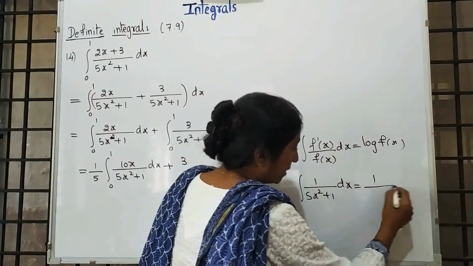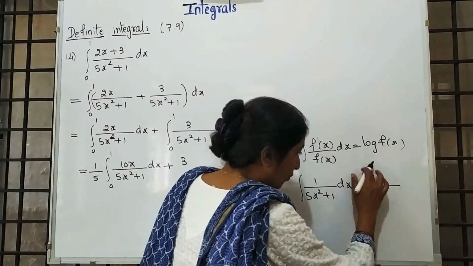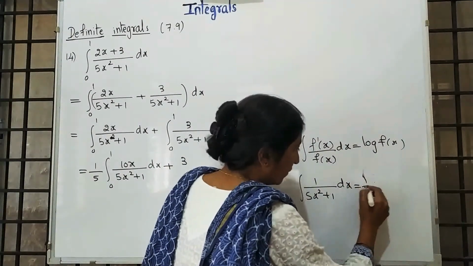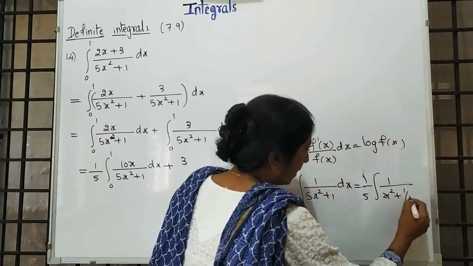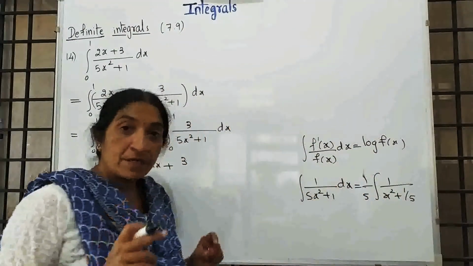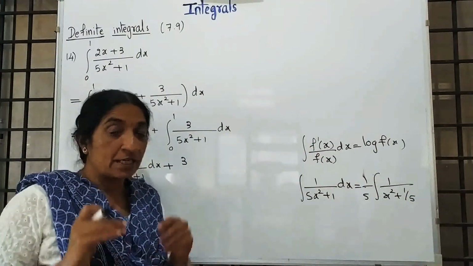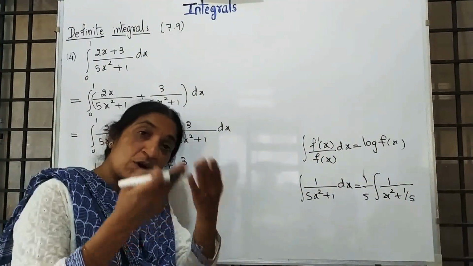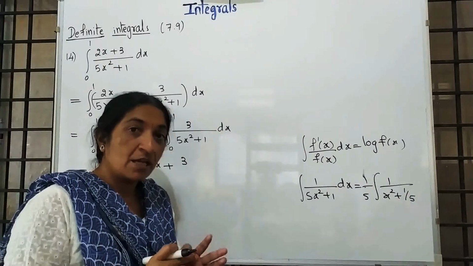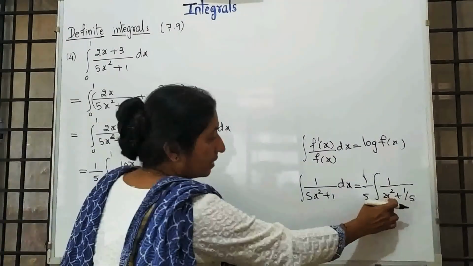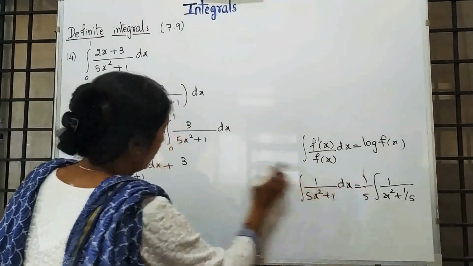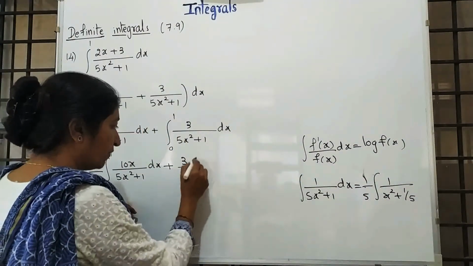To write it in the standard form, I took 5 outside. 1 by 5, it is 1 upon x square plus 1 by 5. In all the 6 formulas, it is x square plus a square or x square minus a square. Both the terms should be in the form of square. So that's why I am writing this as 1 by 5.